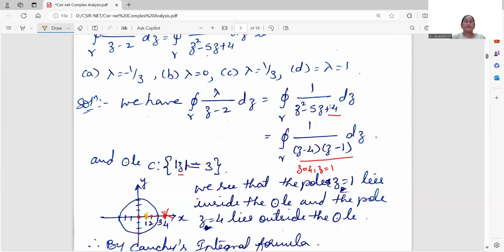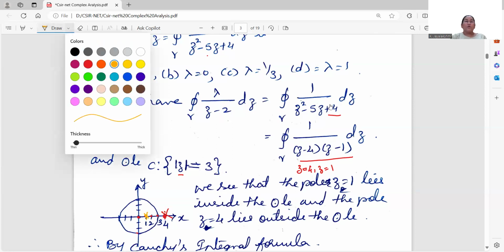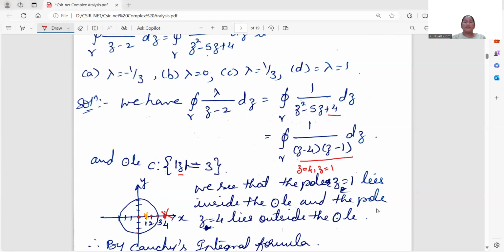So we can apply Cauchy's integral formula very easily.